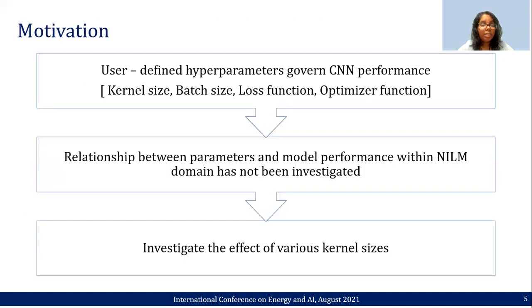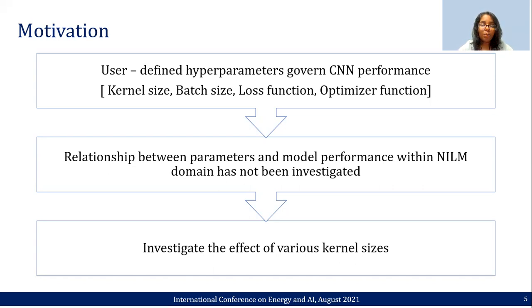Diving further into the motivation of this research, we understood that the performance of a CNN is governed by the hyperparameter selection, which includes the kernel size, batch size, loss function, and optimizer function, since a CNN functions as a black box. However, the relationship between such parameters and the model performance within the NILM domain has not been investigated.